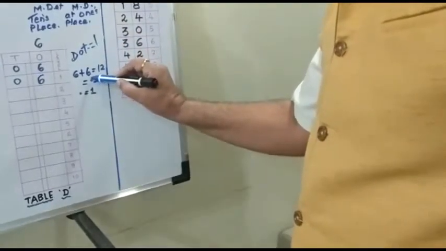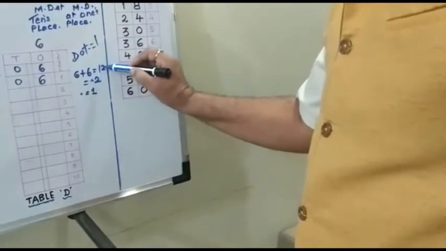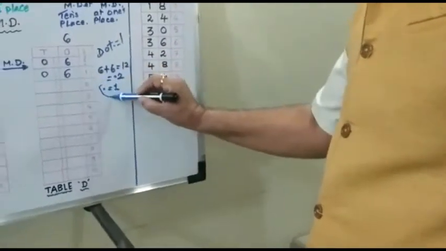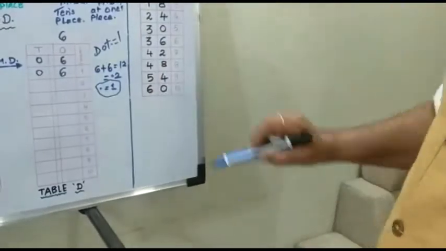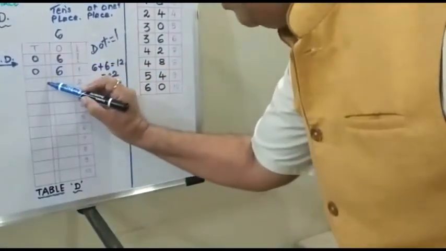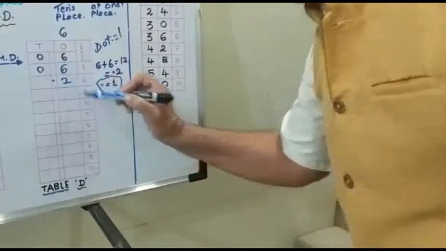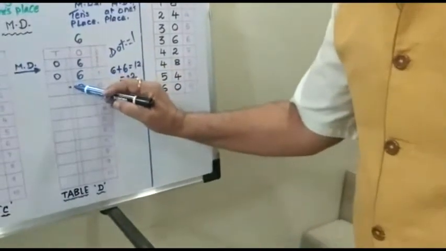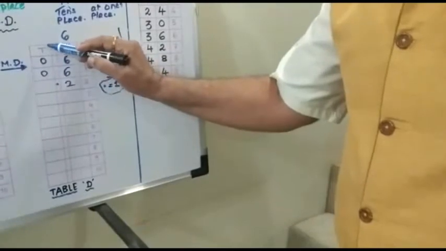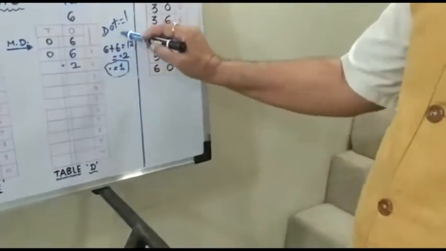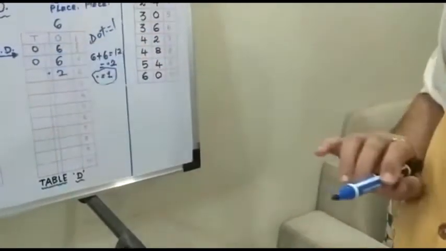So we can give dot here which is 1 and 2 over here at one's place. So dot is 1. Remember this. Okay, good. So how do we write over here? 0 and here 2. Now this dot we will consider while calculating the numbers at the tens place because 1 is in the tens place. We will not consider it now.